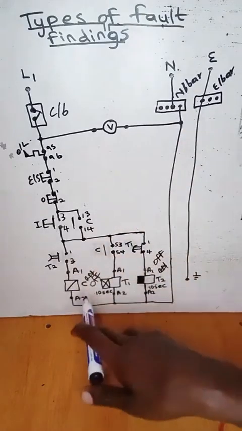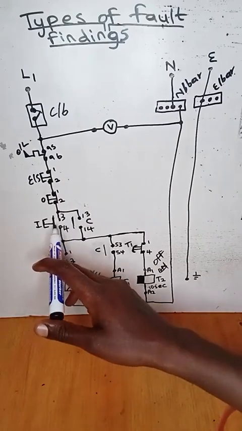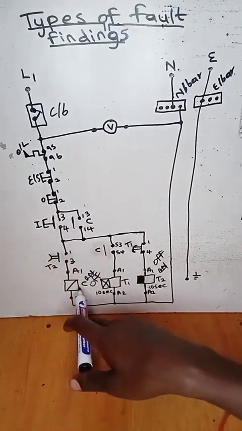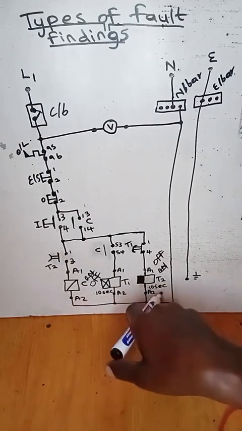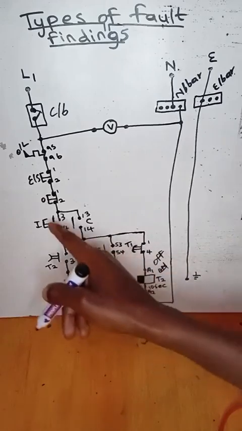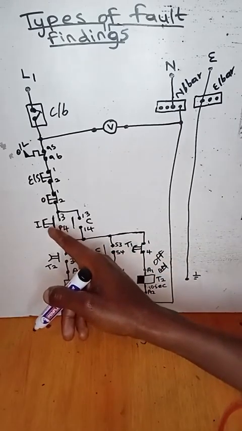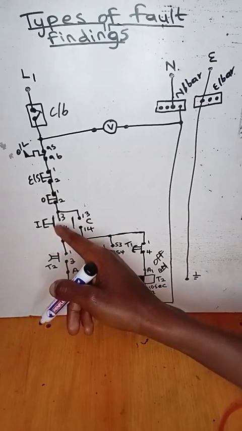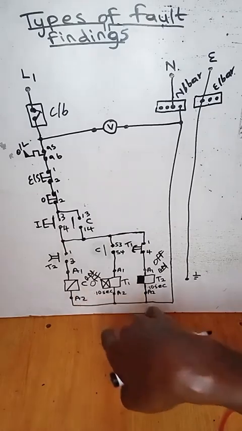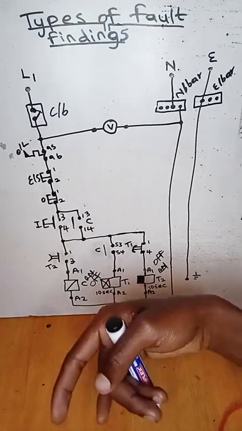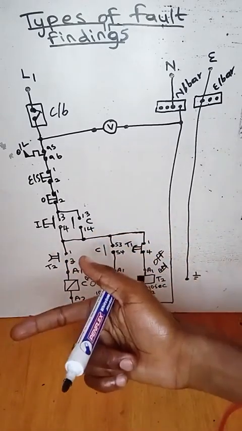So if you press your start button, the coil of a contactor and delay of timer get energized, and after letting the start button go, which will create close contact, your coil and your delay of timer get energized at the same time.